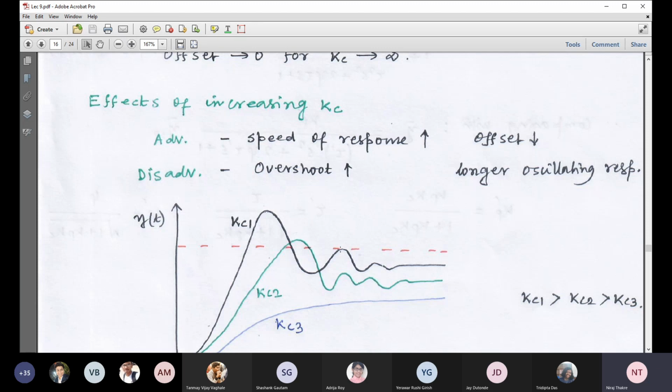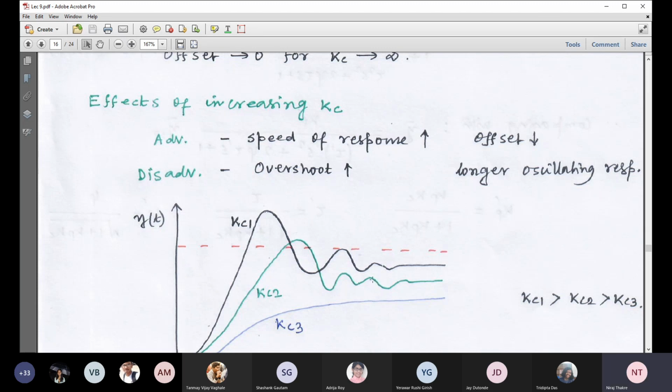Secondly, it will oscillate for a longer time. But from this plot, I have shown both the black and green lines oscillating to the same time instant, but it's not like that. For Kc1, it will oscillate for a longer time. For the green color, it will oscillate for a shorter time.